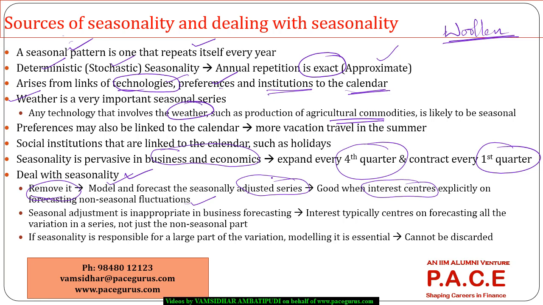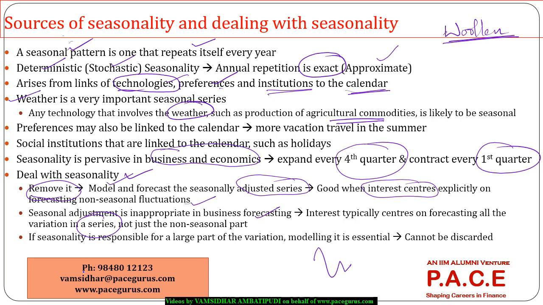So that's one way. And if you look at business forecasting, seasonal adjustment is not appropriate because I'm interested both in the overall trend as well as the fluctuation seasonally as well. So I'm interested in all kinds of variation.